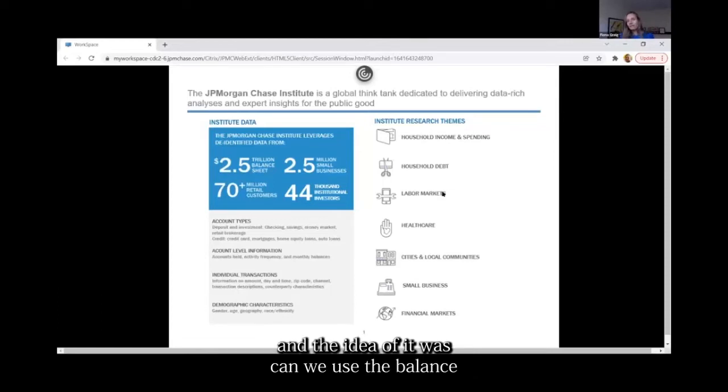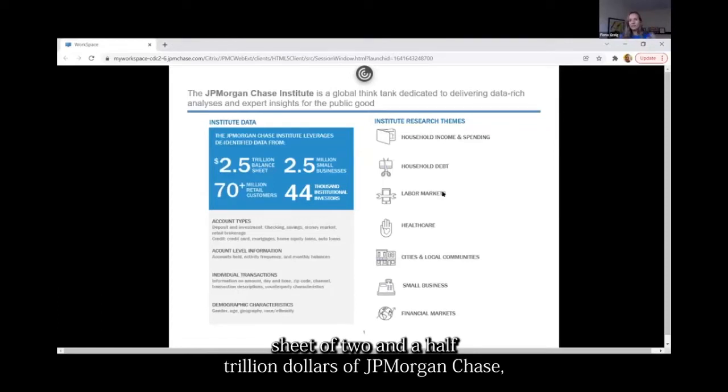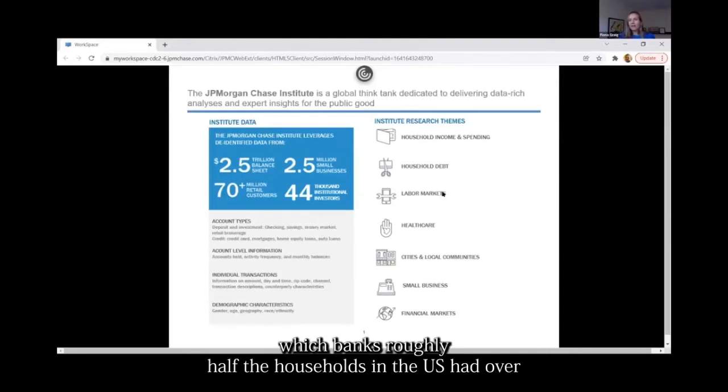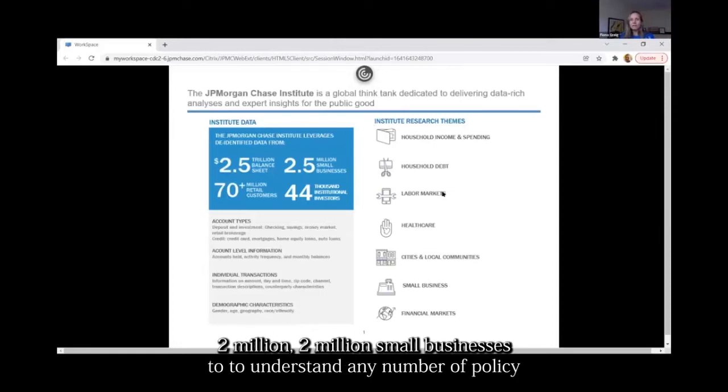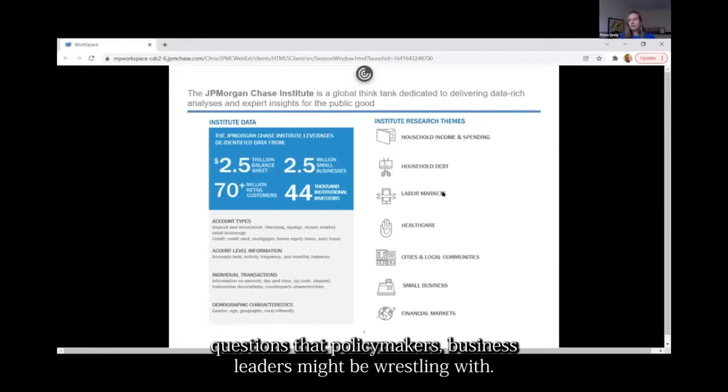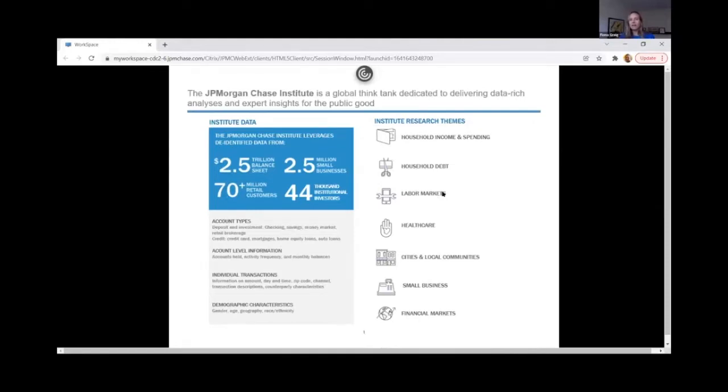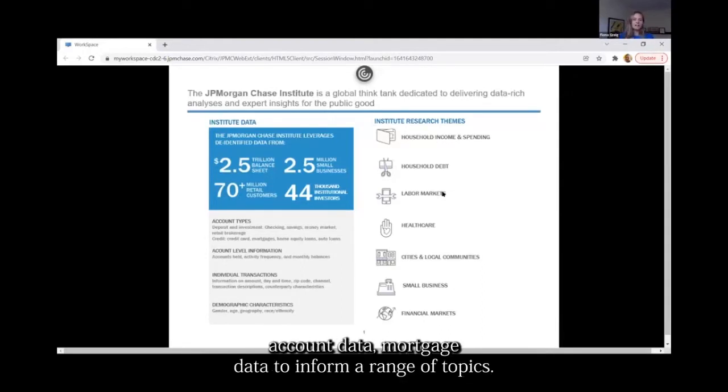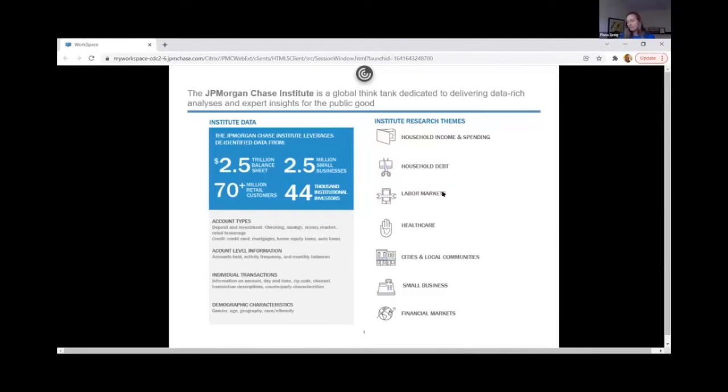And the idea of it was, can we use the balance sheet of $2.5 trillion of JP Morgan Chase, which banks roughly half the households in the US and over 2 million small businesses to understand any number of policy questions that policymakers, business leaders, and the like might be wrestling with. And so over those years, we've been leveraging checking account data, credit card data, savings account data, mortgage data to inform a range of topics.